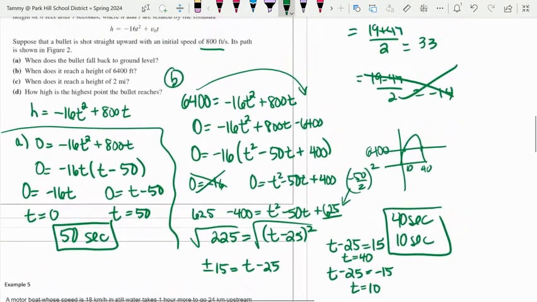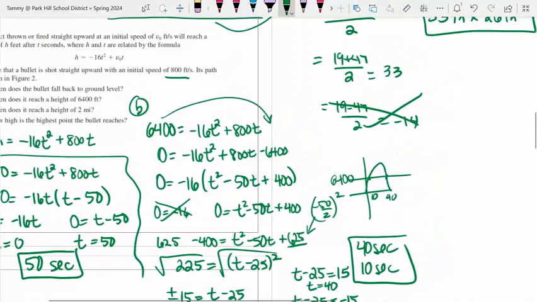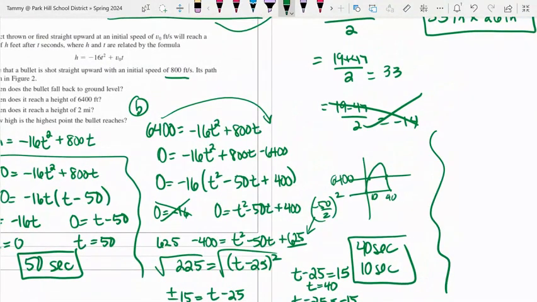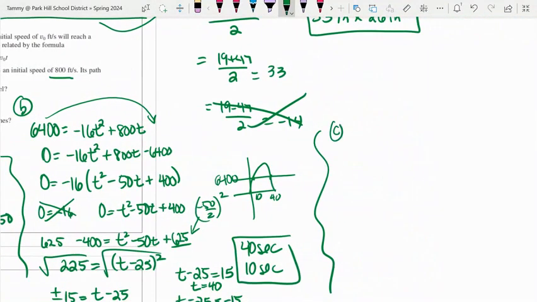Letter C, when does it reach a height of 2 miles? Well, all of these are in feet, so 2 miles would be 5,280 feet per mile times 2, which is 10,560 feet.